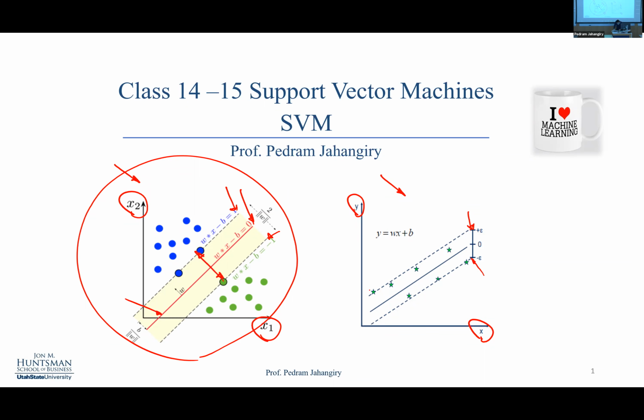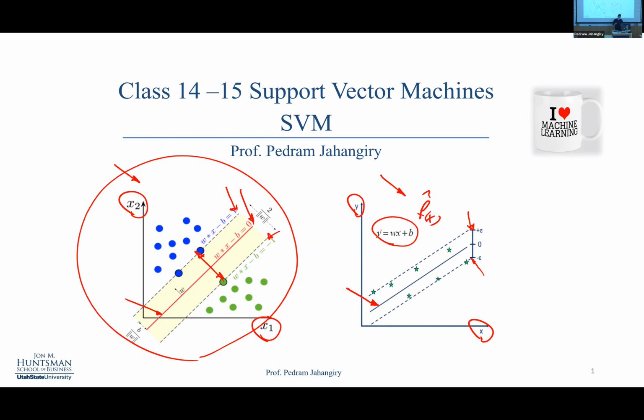However, in regression, this is our regression, let's call it the fit. It can be a line or it can be a nonlinear regression. This is your hyperplane. At the end of the day, it will become the f hat of x that we're looking for.